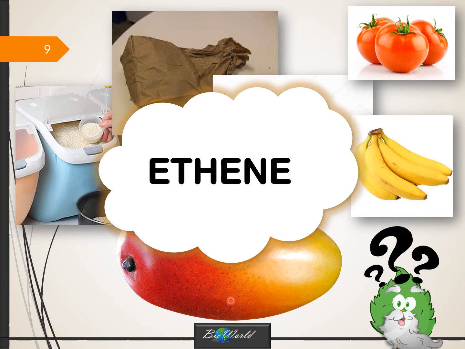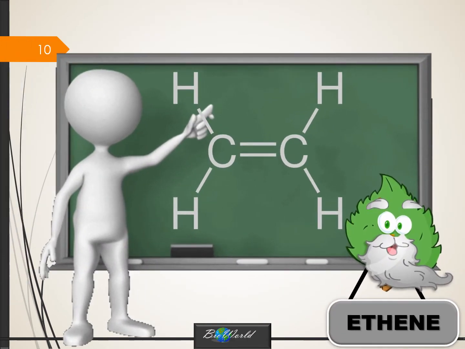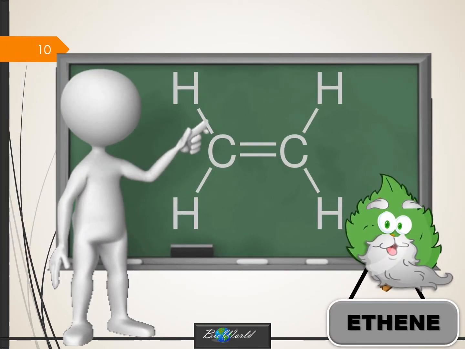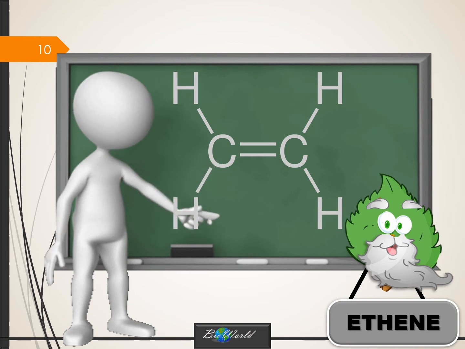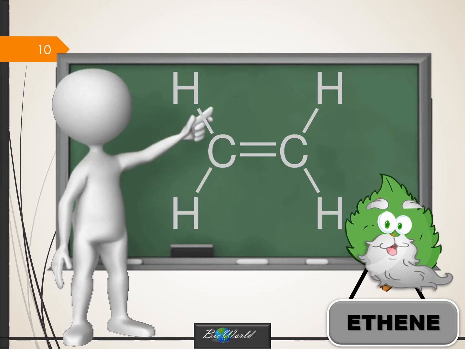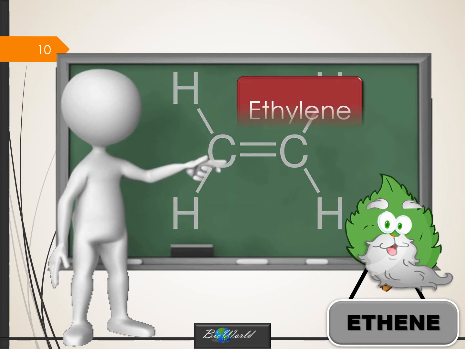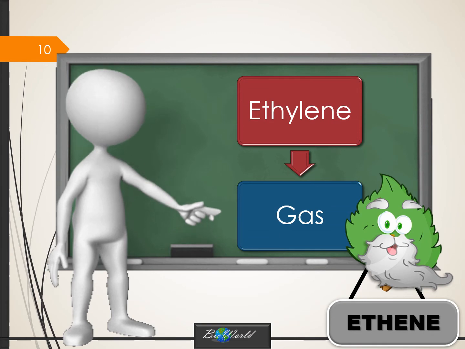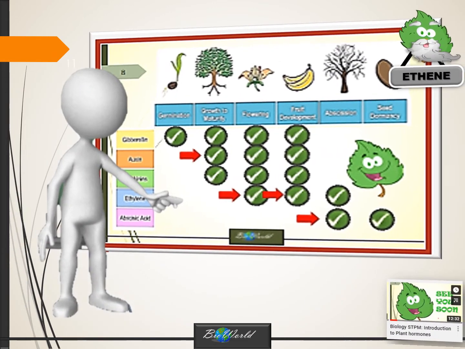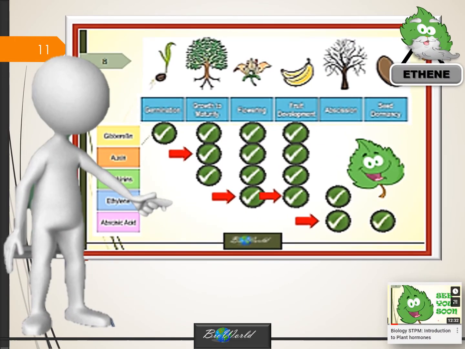So that is what we will be discussing now. This is the molecular structure of ethane. Ethane is the only hormone that is in the form of a gas. Ethane is also called ethylene. Referring to our summary chart from our video on plant hormones, Introduction to Plant Hormones, you find that ethane has three functions here.